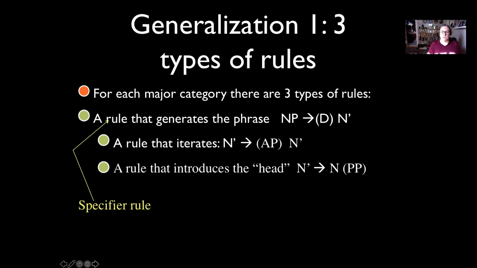So that first rule we call a specifier rule, right? It has the determiner in it, basically. It helps set up the noun phrase. The second rule we call an adjunct rule. It's for all the prepositional phrases or adverbial phrases that add additional information.